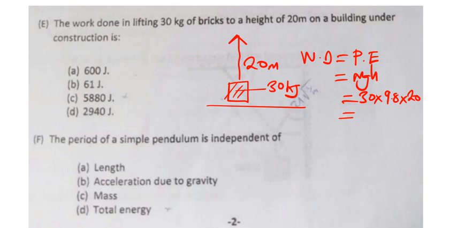Let me multiply. This gives me 5,880 joules. This is what we have as the work done, so that would be the work that will be done.